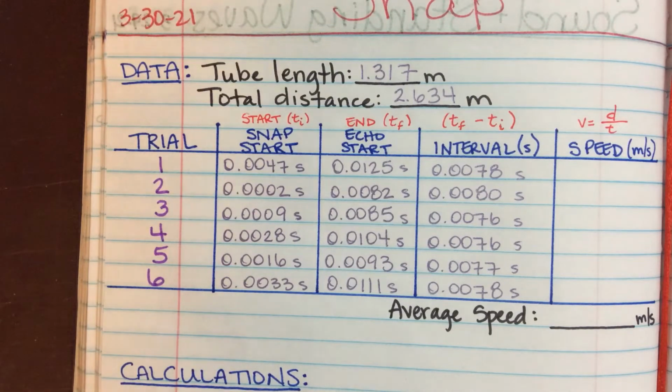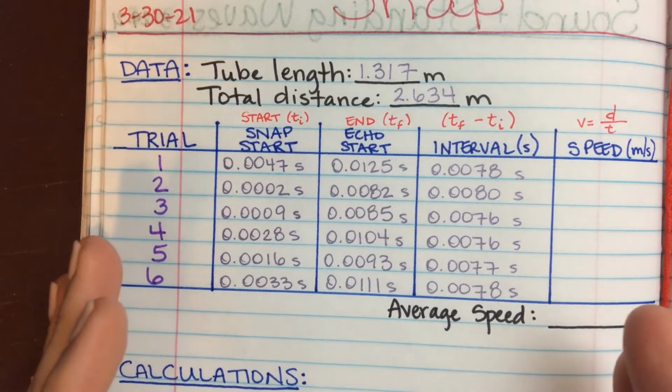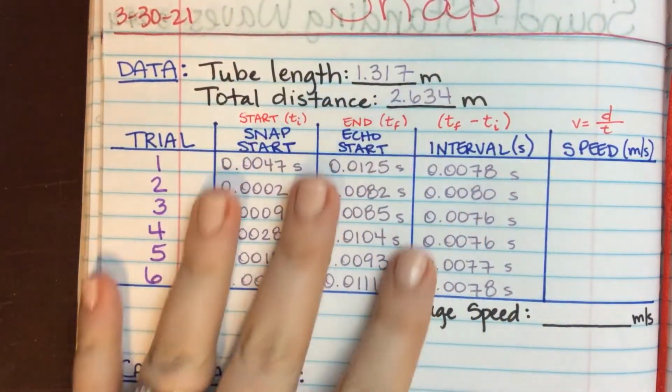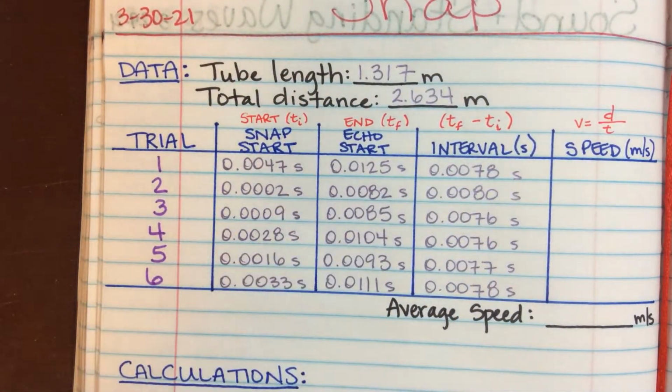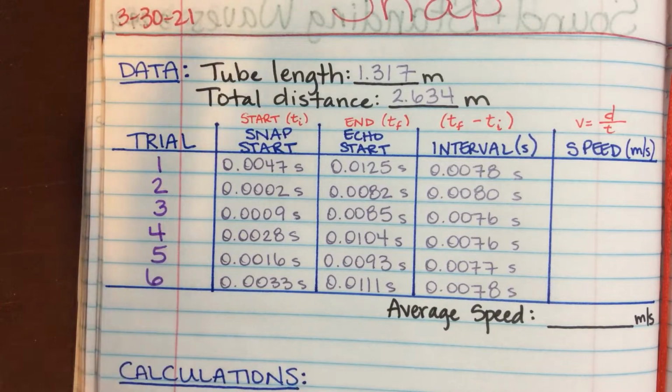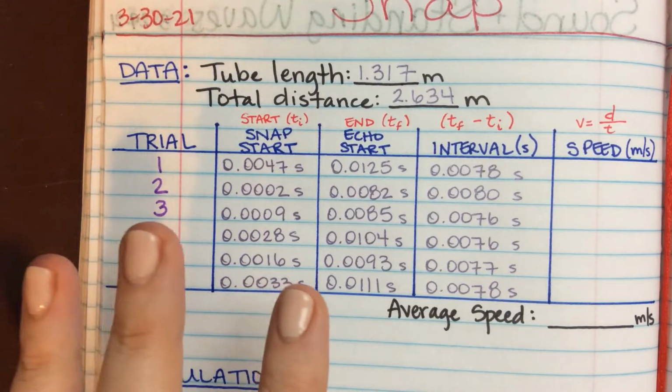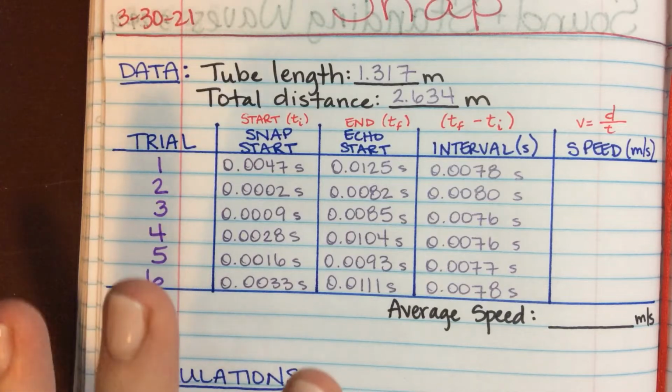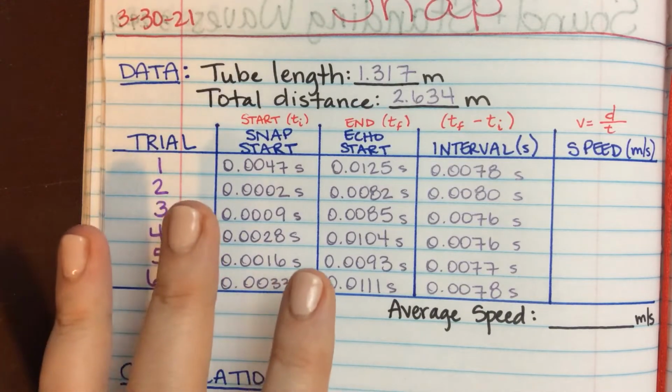All right, in this video, I'm going to walk through all of the calculations involved in the SNAP lab. As you can see right here, I have some sample data already filled in my data chart. A note, this is not correct data for you to be using in your own journal.